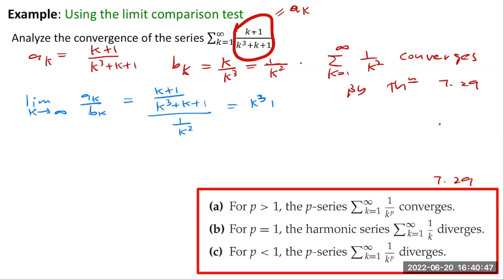Of course, you need to have the limit in front: the limit as K approaches infinity of (K cubed plus K squared) divided by (K cubed plus K plus 1). That's what you get.